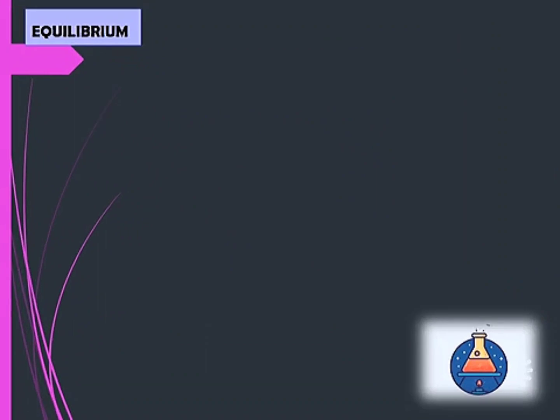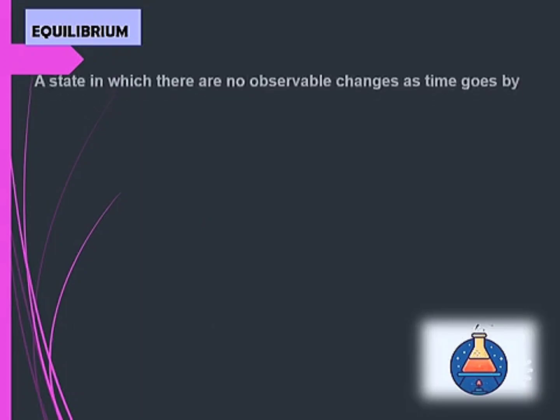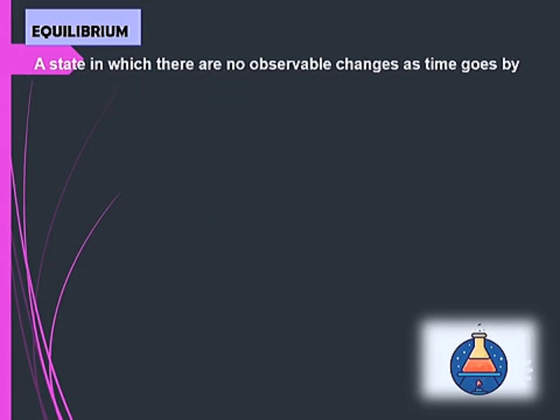Okay, so now we look at equilibrium. What is equilibrium? Okay, so this is the answer. Equilibrium is a state in which there are no observable change as time goes by. Maksudnya dekat sini, bila sesuatu reaction dah mencapai tahap keseimbangan. Equilibrium tu sebenarnya adalah keseimbangan.